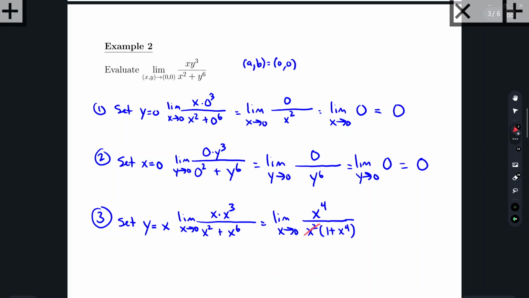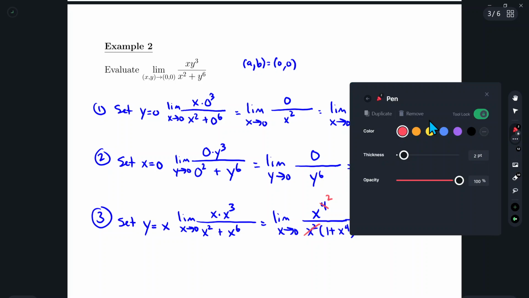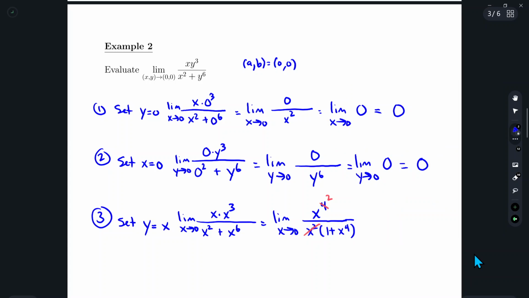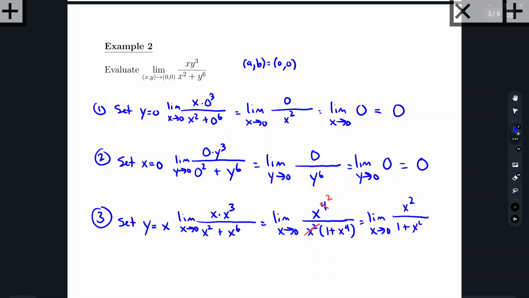So x squared on the bottom cancels 2 of the x's on top. So what are we left with? All right, so you see how we can simplify it a little bit before doing any calculations. So we get the limit as x goes to 0, x squared on top, 1 plus x to the 4th on the bottom. So now this is as simple as I can get this.